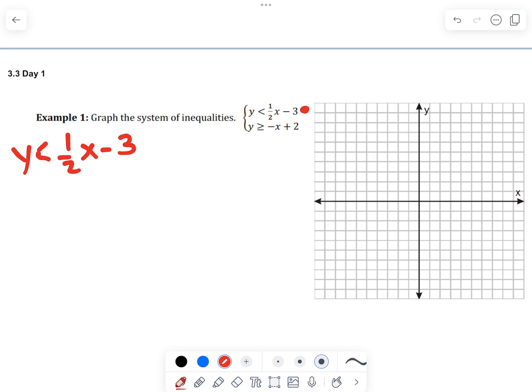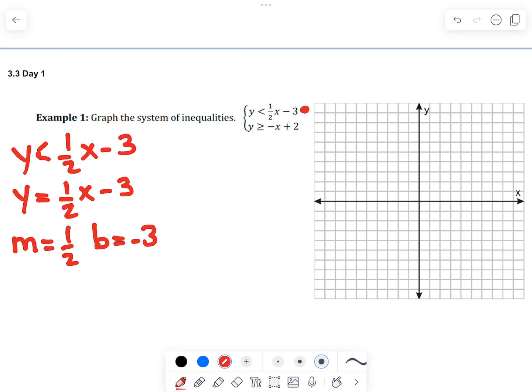Imagine this as a linear equation, y equals 1/2 x minus 3. The 1/2 represents our slope, and the -3 represents our y-intercept. So let's go ahead and graph that line.